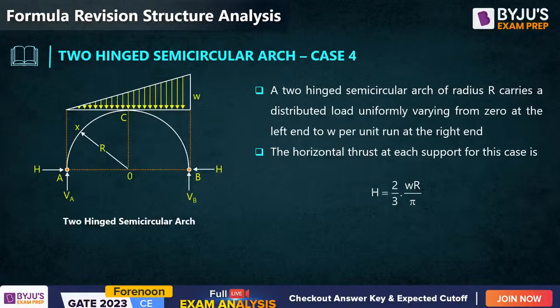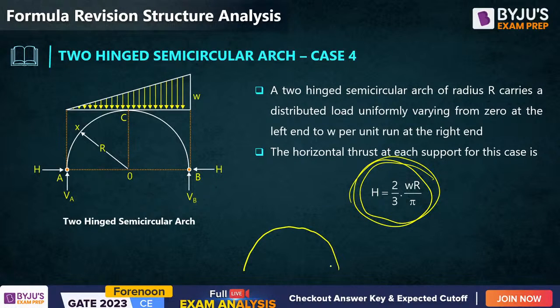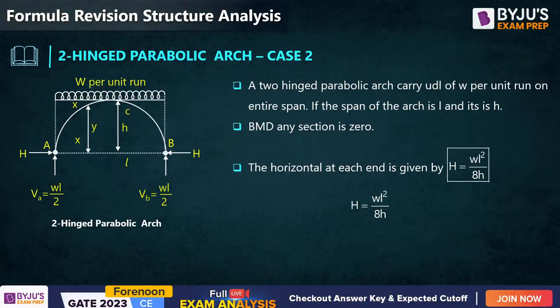Next, if a UVL, uniformly varying load, is there on the entire span, then this reaction will become half as compared to the previous case. It will become 2 by 3 WR by pi. And the same case is applicable for half UDL. Suppose there is a half UDL on a semicircular arch with two hinges, then it will be 2WR by 3 pi, right, done.